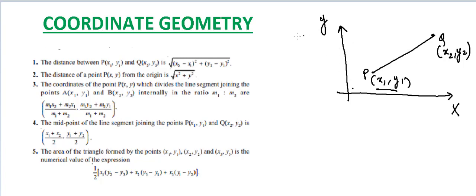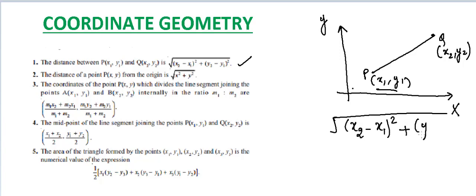So now this is a basic formula to calculate the distance. What the distance says is it is a difference of x2 minus x1, squared. Why is it squared? Because distance can never be negative, so we have to take the square. Then we have y2 minus y1 whole square.